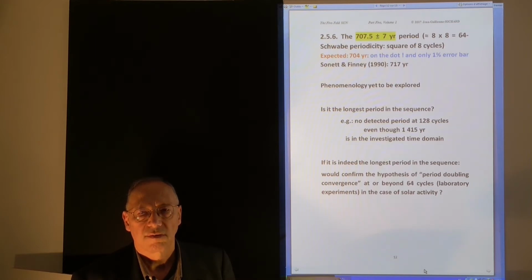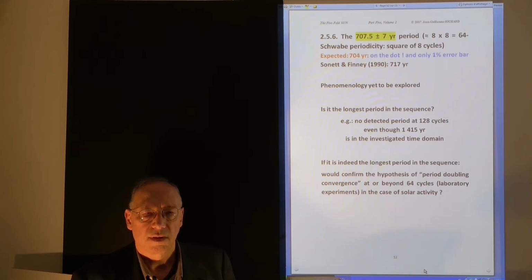This was discovered, as the previous one, by Sonnet and Finney in 1990 and was confirmed by many other investigators, and the value that is suggested here, 707, is updated from the findings of Sonnet and Finney more than 2 decades ago.